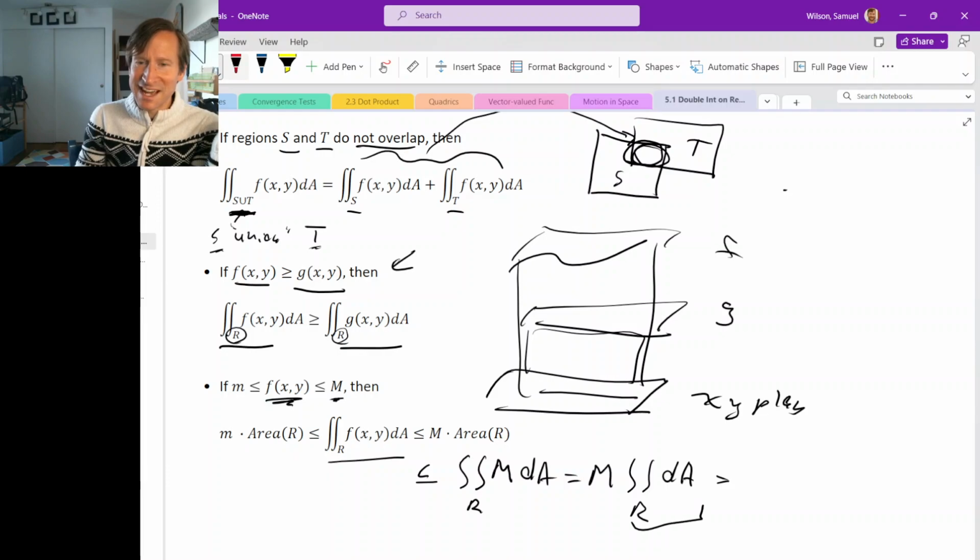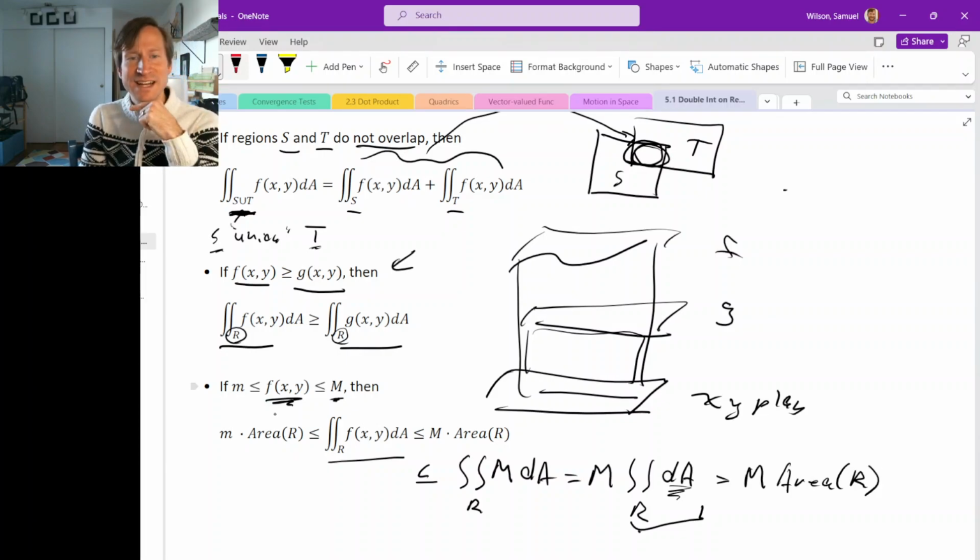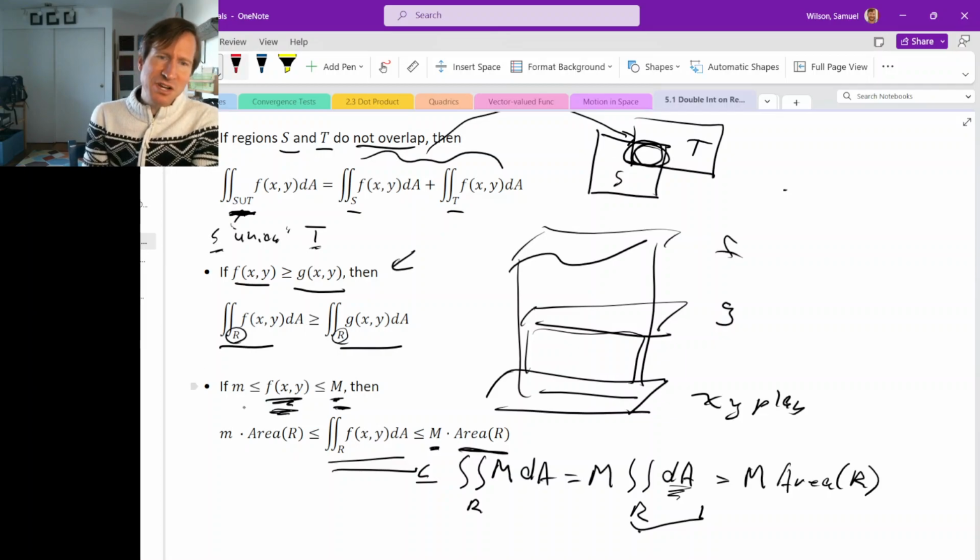So this is just saying for all the region, add up the area in the region. That gives you the total area of the region, so that gives you M times the area of the region. So the upshot of all of this is that if your function is bounded above by some constant, your integral is bounded above by the constant times the area of the region. And of course the same thing goes on the other side. If your function is bounded below by some constant, then the integral of the function is bounded below by that constant times the area of the region.